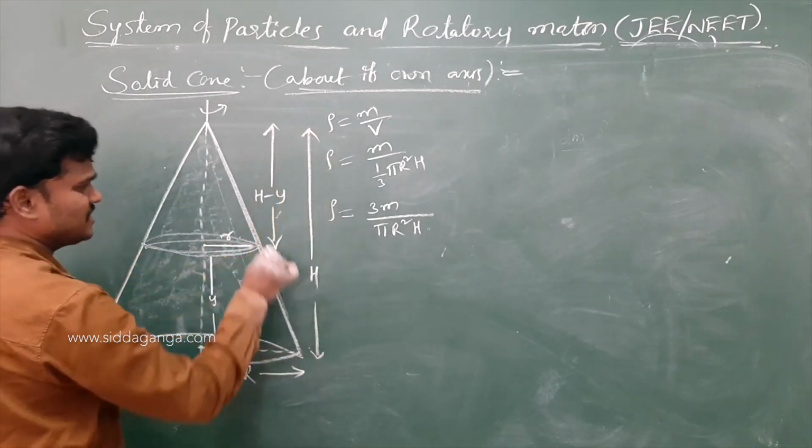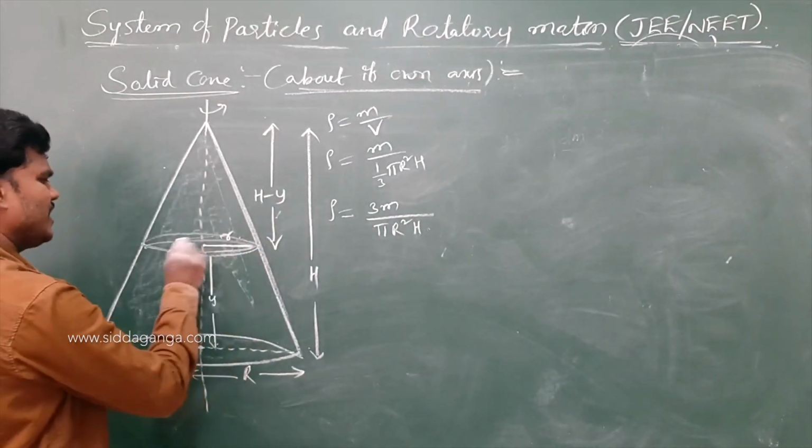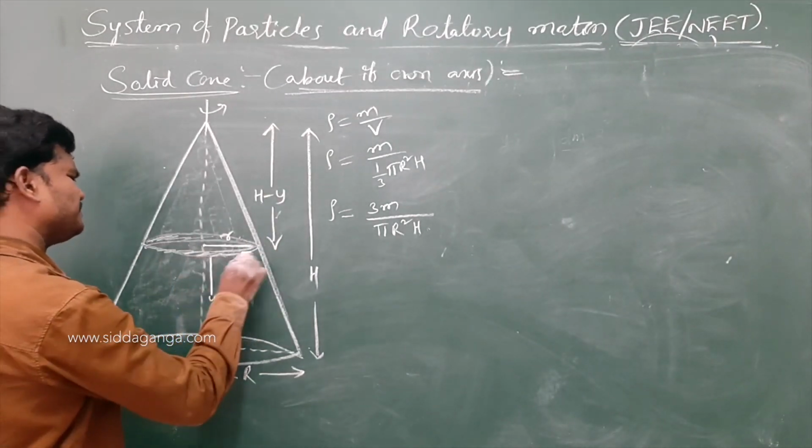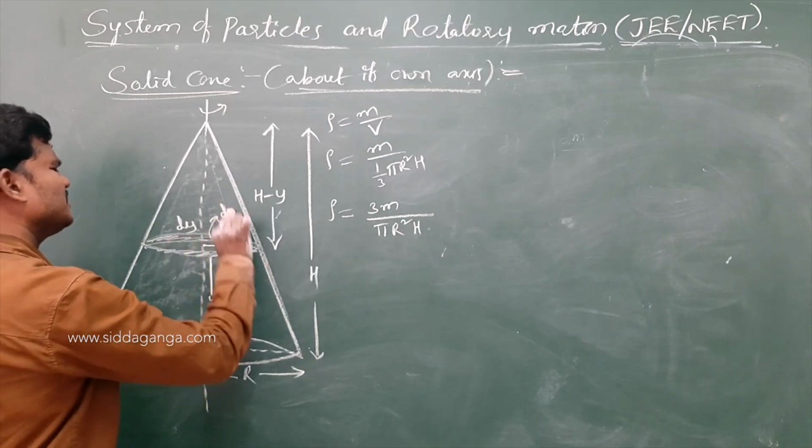If this is h minus y, this part has mass dm, thickness dy.